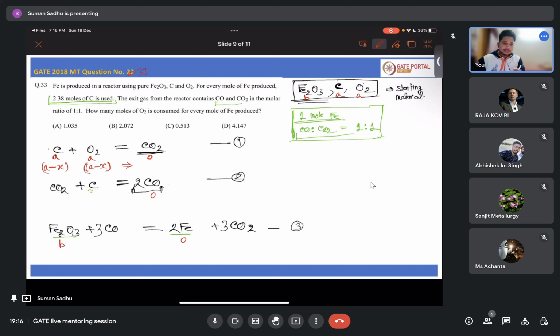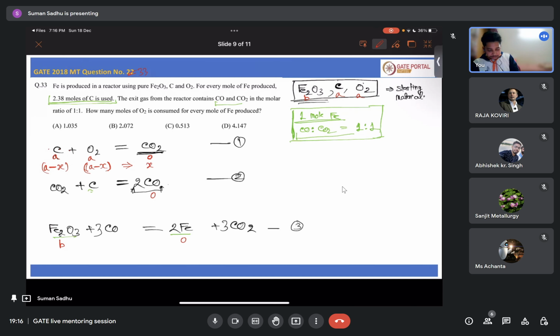Because the ratio is 1 is to 1 is to 1, x mole will react with x mole and form x mole of CO2, right?